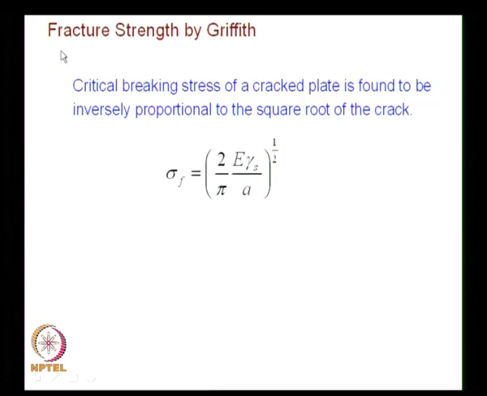And we have already developed this expression without getting into much of the mathematics. The fracture strength by Griffith is as follows. It is (2Eγs/(πa))^(1/2), and this is for a plane stress situation.